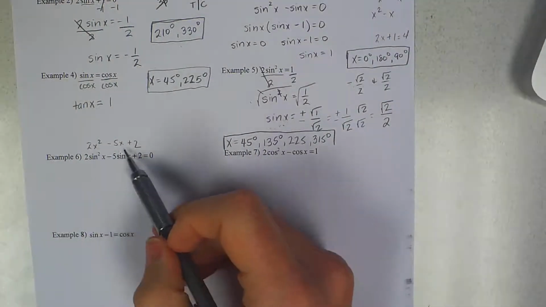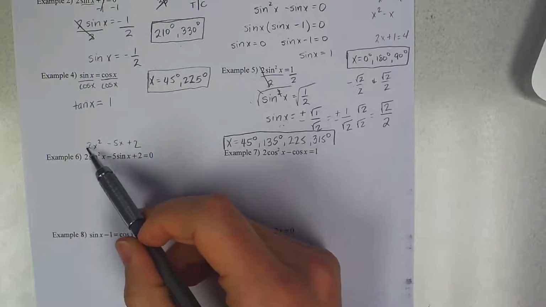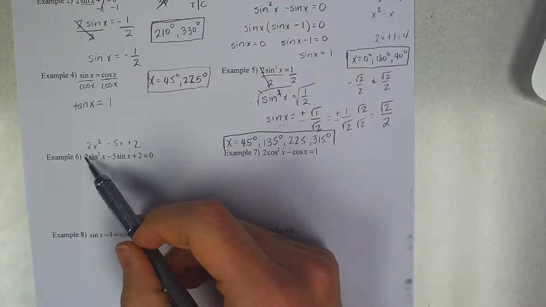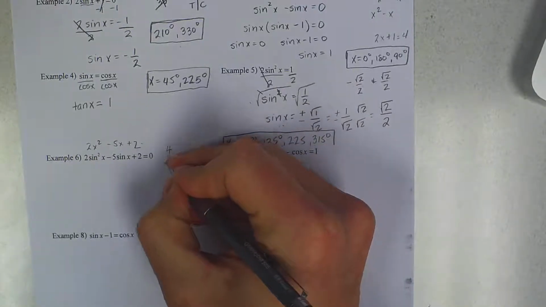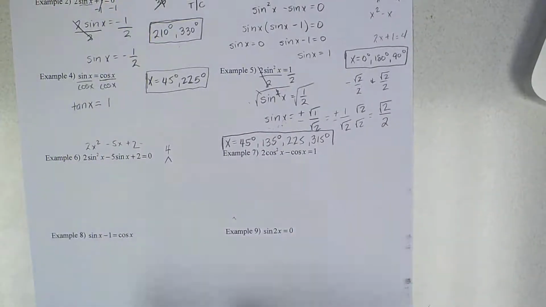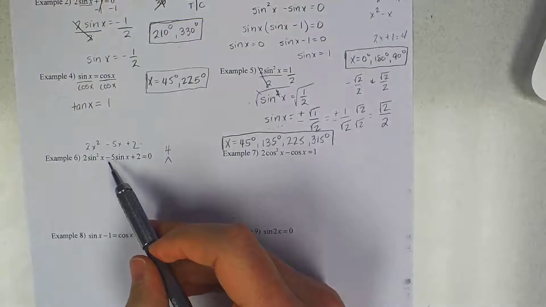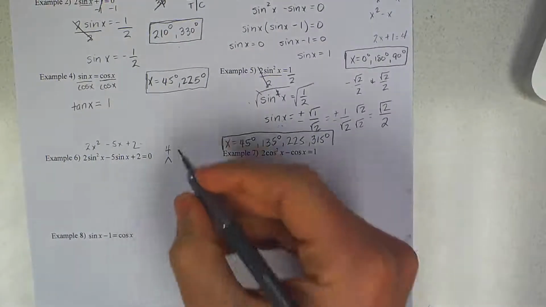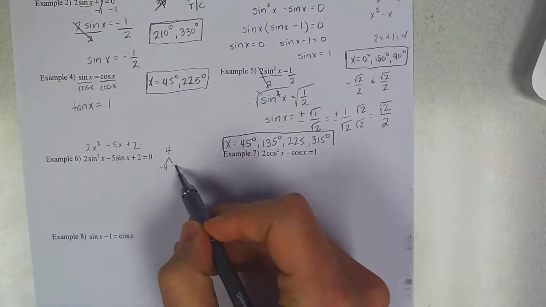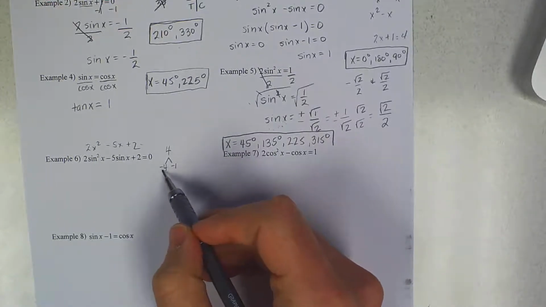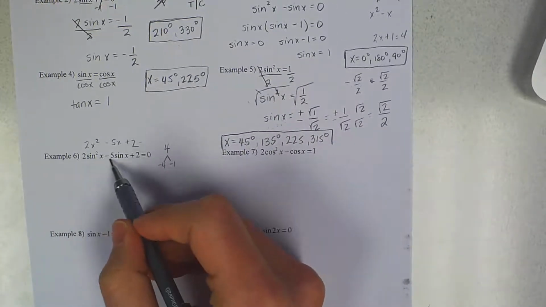So when you factored this in Algebra 2, we said, what's a times c? So what's a times c here? A times c is 4. What multiplies to be 4 but adds to be negative 5? Well, that would be negative 4 and negative 1. Negative 4 times negative 1 is positive 4, and negative 4 minus 1 is negative 5.